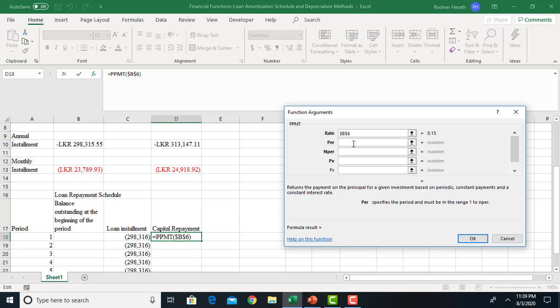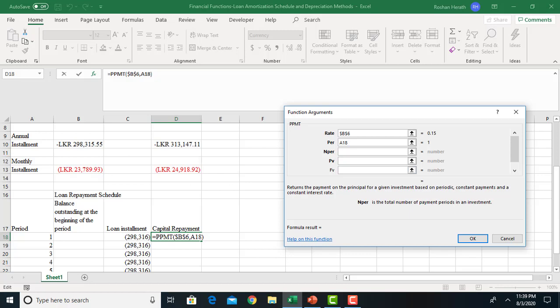So when you are getting that, you have to refer to the period. Now we are in the first period, and most importantly, make sure to keep it relative, because when you drag that, it's supposed to change. The PER must be kept relative.